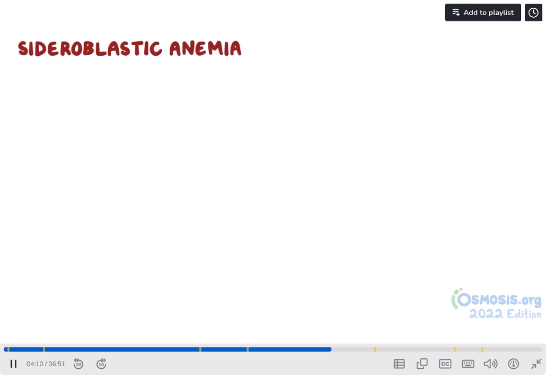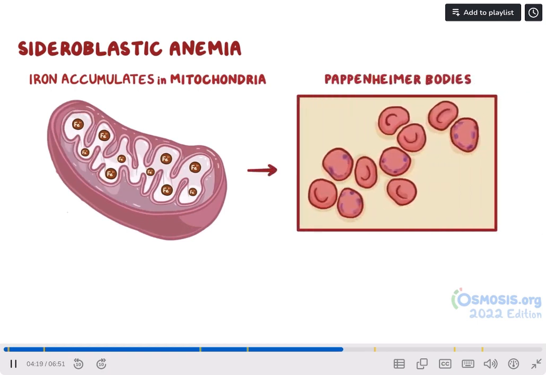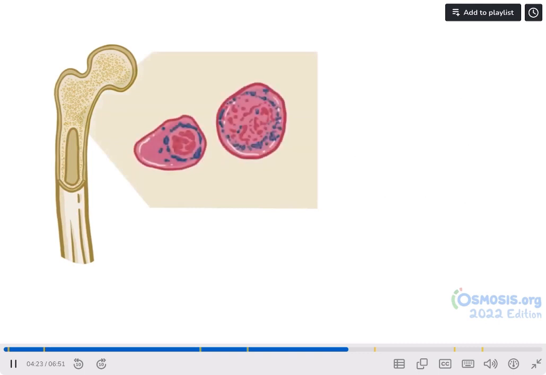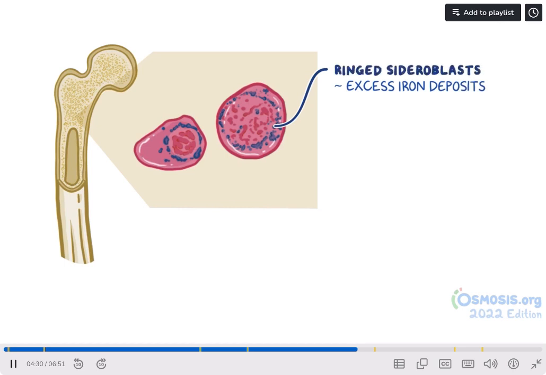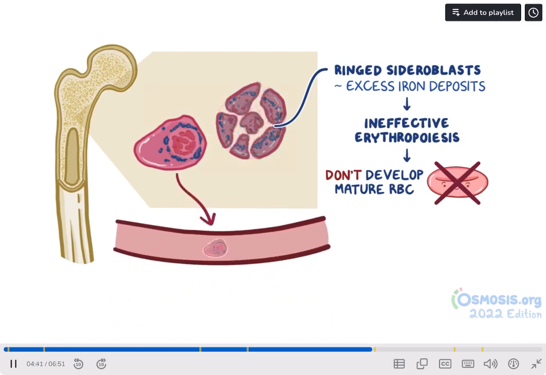These causes of sideroblastic anemia stop the iron from being incorporated to form heme, which allows the iron to accumulate in the mitochondria, resulting in Pappenheimer bodies seen on blood film. In the bone marrow, immature RBC's mitochondria surround the nucleus and get laden with excess iron deposits, which produces ringed sideroblasts on histology, hence the name of the disease. These sideroblasts have ineffective erythropoiesis, which means they don't develop normally to become a mature RBC, and end up dying in the bone marrow with a few escaping into the peripheral blood.